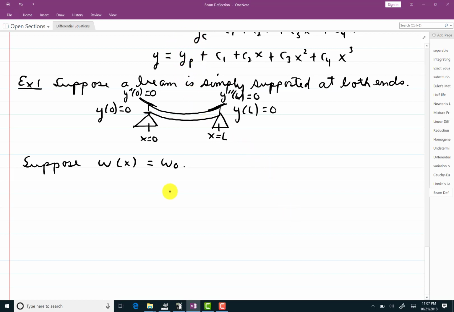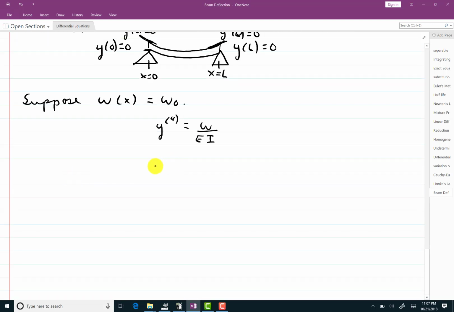So we had the fourth derivative of y equal to w over EI. That means that if I plug in y sub p, it should solve that equation. I'm going to replace w with w of x. Well, I should have done that. W was equal to w naught.